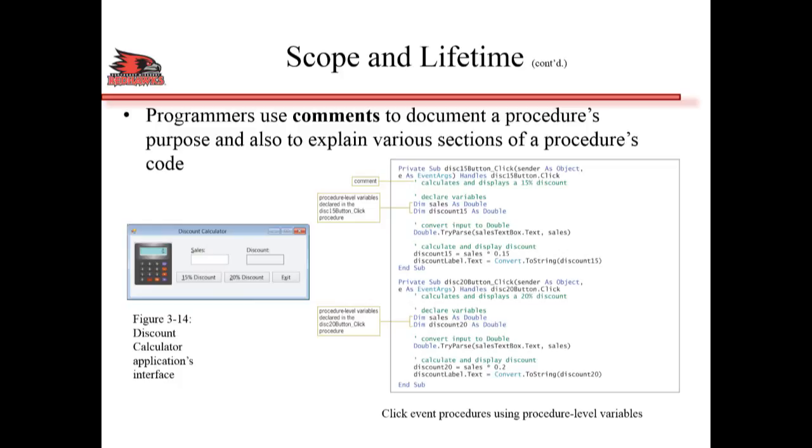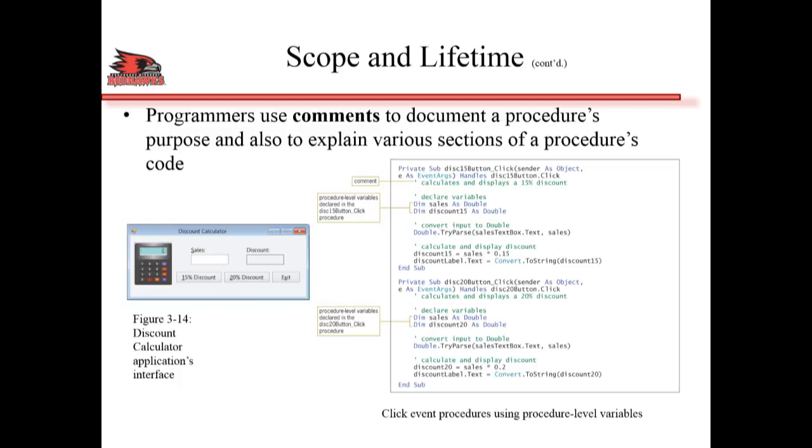So these two sets of codes are for the 15% discount and 20% discount button. And if you define a variable within these sections of code, they only last until the section of code lasts. So they're only accessible within the section of code itself. And this is what we mean by procedure level variable.